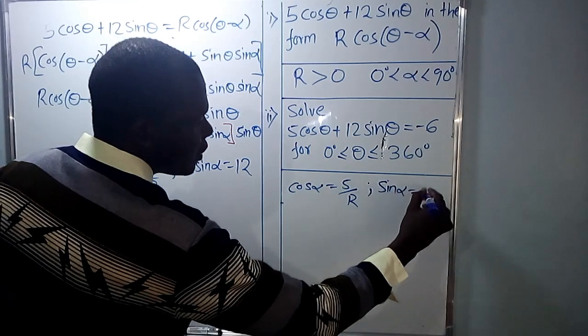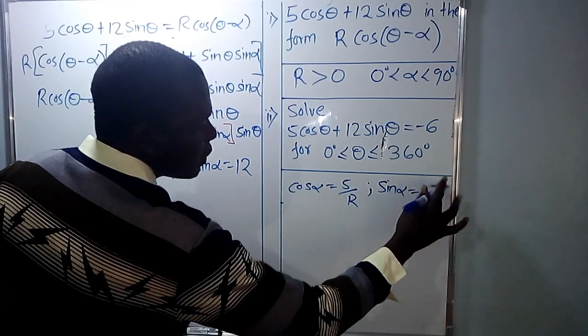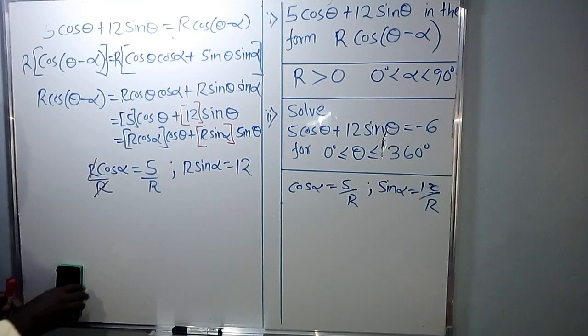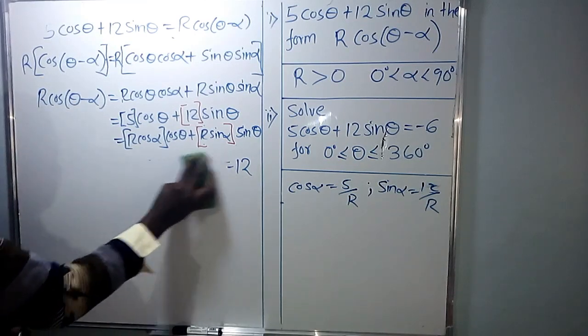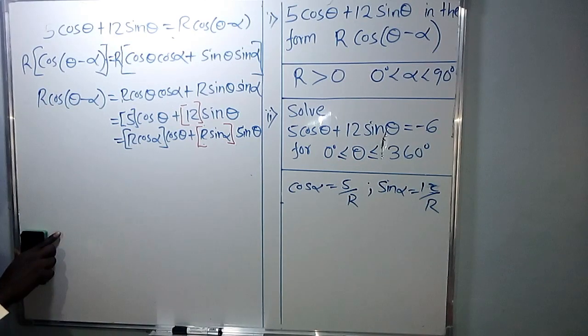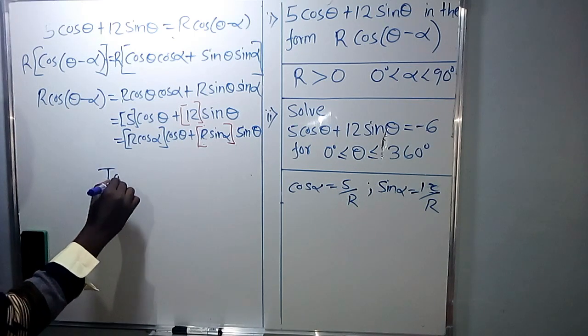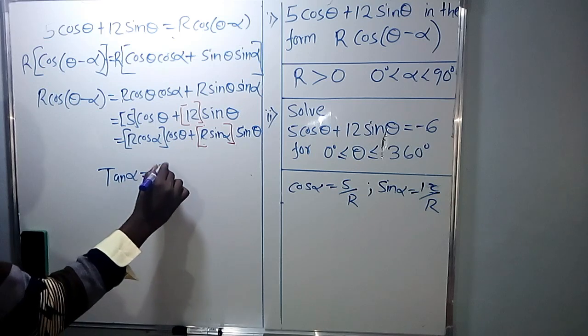Are we together? Then we recall the elementary identity. From the elementary identity, tan alpha is simply sin alpha over cos alpha, because tan is sin over cos.